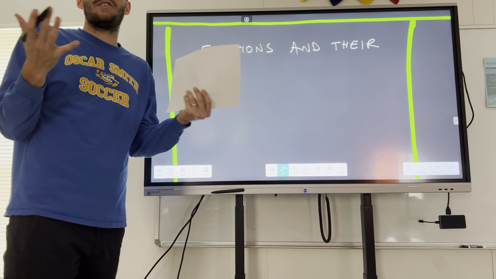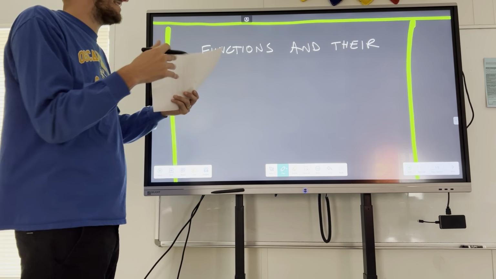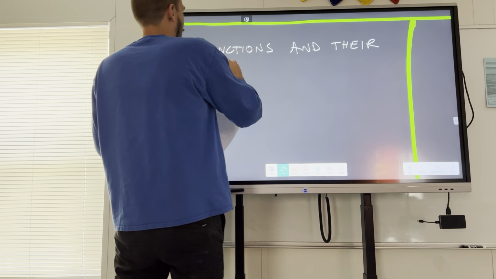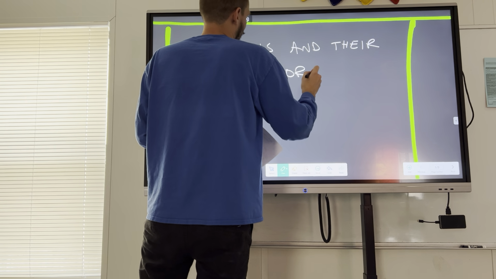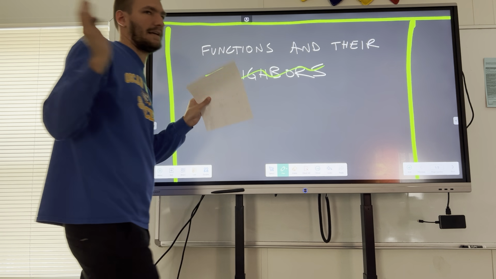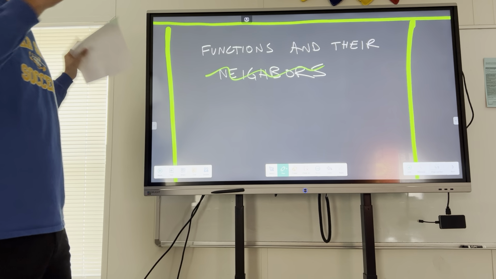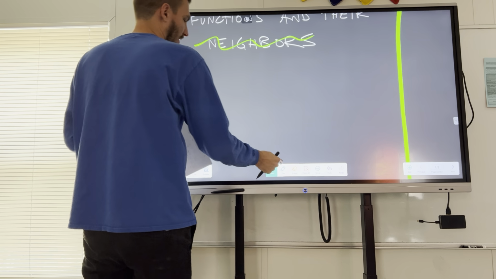Similar functions is already kind of a thing, like a similar triangle, so I didn't really like similar. So I'm just going to say neighbors. Honestly, this word isn't that important. It's not a fancy math word, just a nice title for notes: functions and their neighbors, okay?